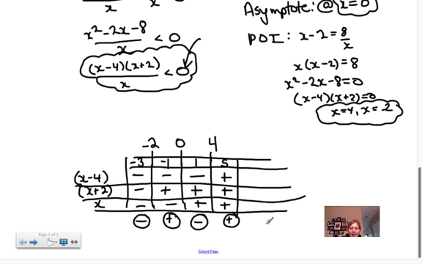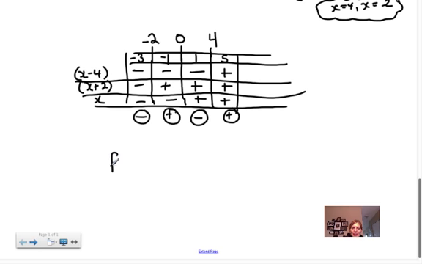So therefore, to answer this question, I can see that (x minus 4)(x plus 2) divided by x is less than or equal to 0 when, so we'll say the function is less than 0 when x falls less than negative 2.